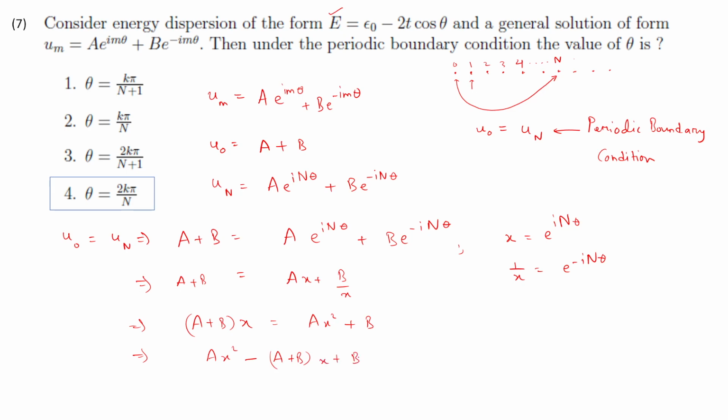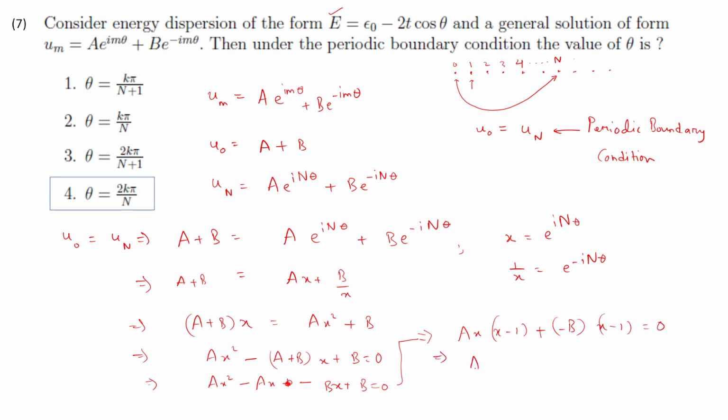So Ax squared minus Ax minus Bx plus B is equal to 0. Now this will be Ax(x minus 1) minus B(x minus 1) equal to 0.